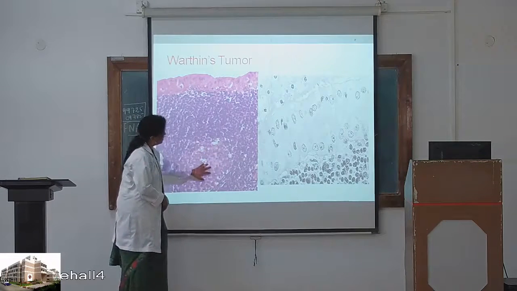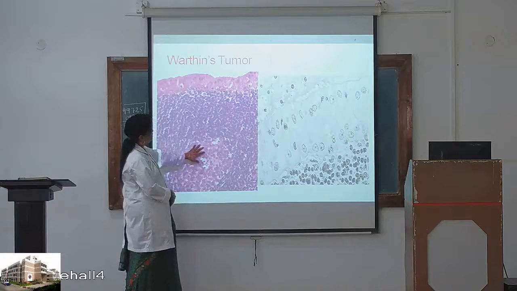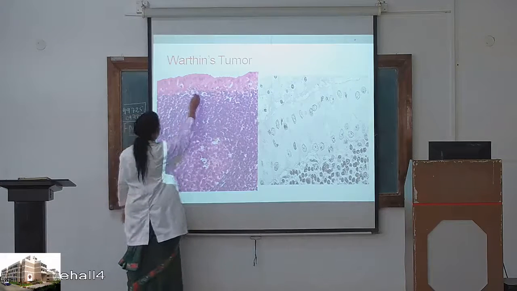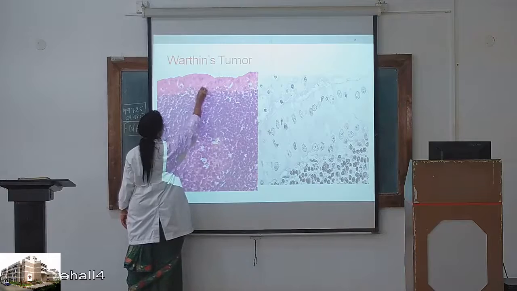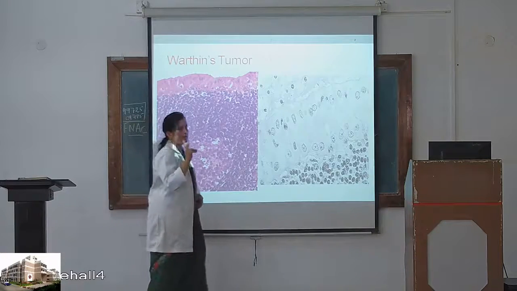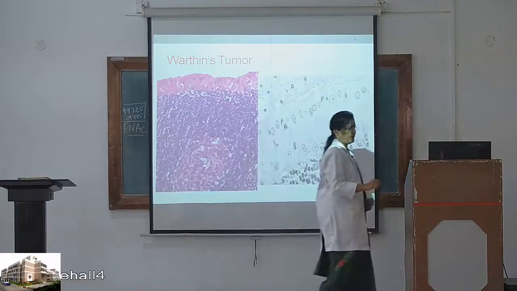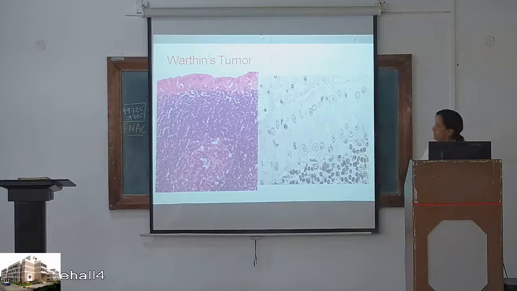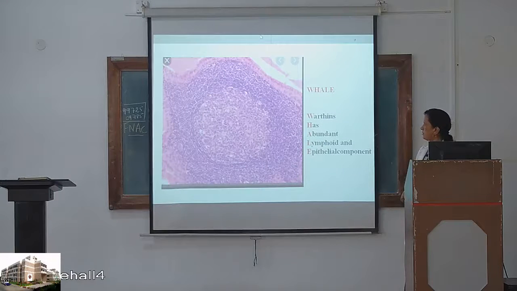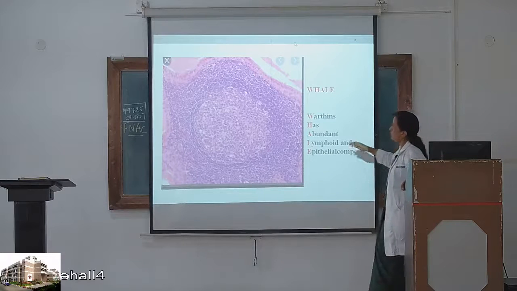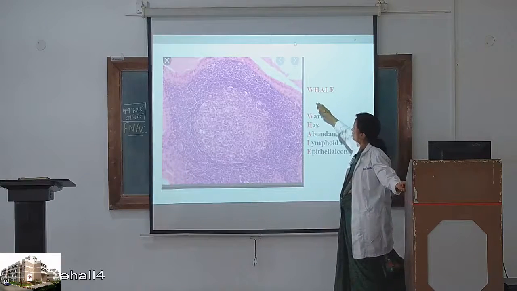So this is the germinal center of the lymphoid follicle and two rows of cells. This is columnar and this is cuboidal. Double layered cells are very typical. We'll show you these slides also. Very easy for you to recognize, so easy for you to remember. There is an acronym here, WALE. W stands for Warthin.